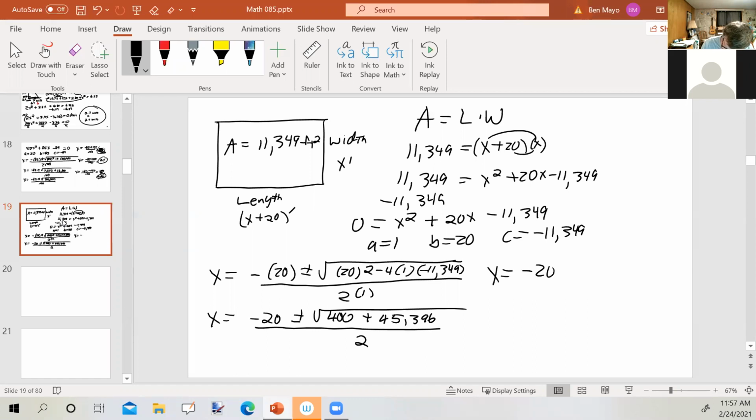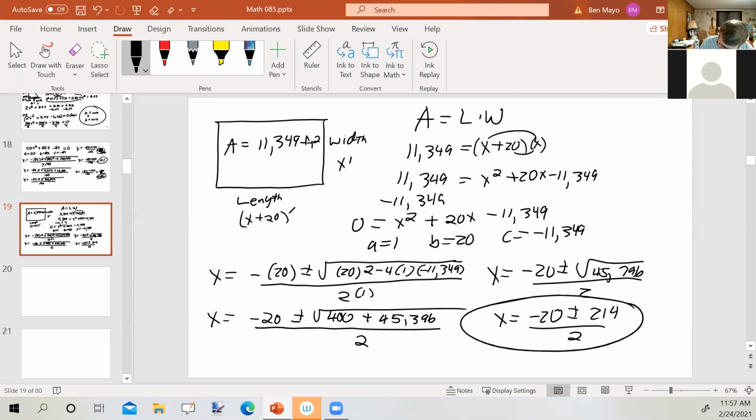So x is negative 20 plus or minus the square root of 45,396 plus 400 is 45,796 all over 2. But the square root of that is 214 all over 2, the square root of 45,796.